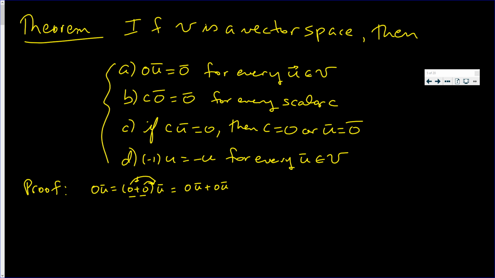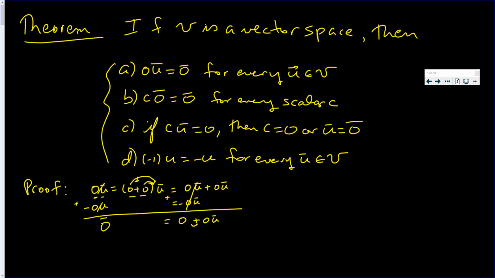Now, 0 times u is a vector. That vector has an inverse. And when you add the inverse, you get back the 0 vector. And when you add the inverse on the other side, well, that gives you 0 plus 0 times u.